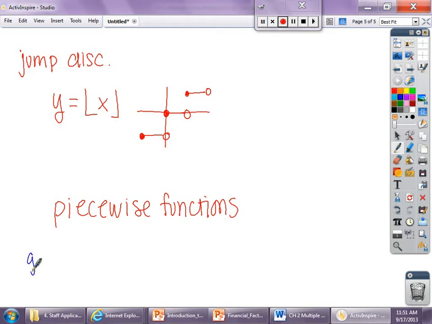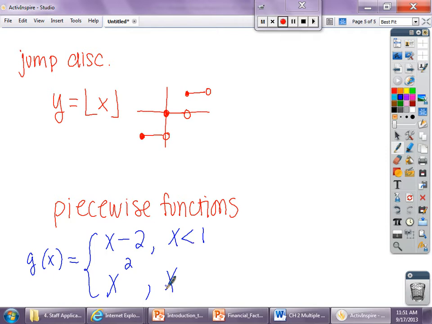So there's that one. And then I'll do a purple guy.